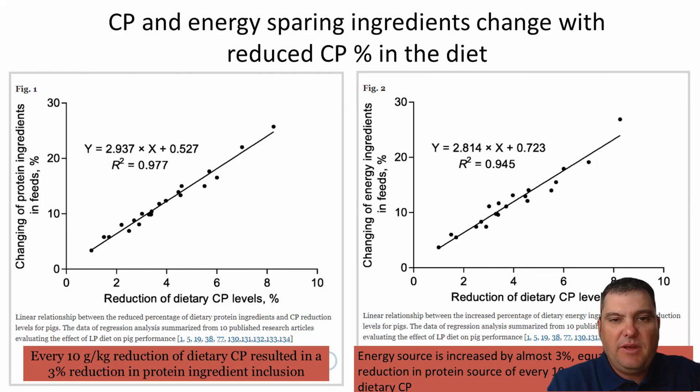What we see here is about a 3% difference for every 10 grams per kilogram reduction in dietary crude protein. We can expect a 3% reduction in protein ingredients and a 3% increase in energy ingredients.